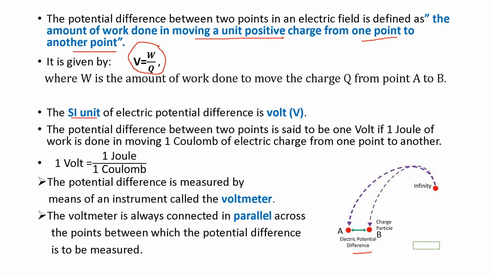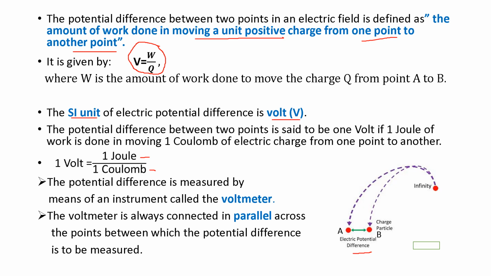It is the volt, denoted by capital V. From this formula we can see that if the work done is 1 joule, and we are moving a charge of 1 coulomb, then the potential difference between those two given points is said to be 1 volt.